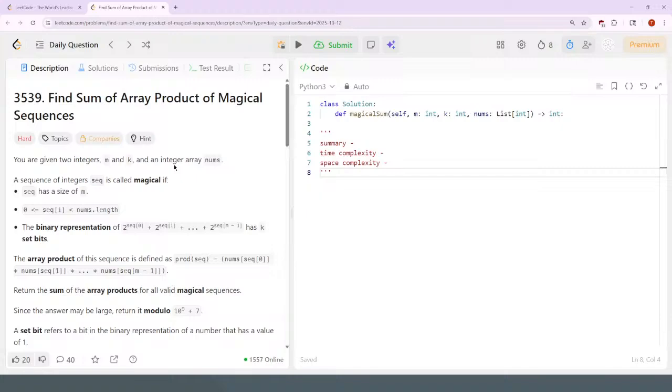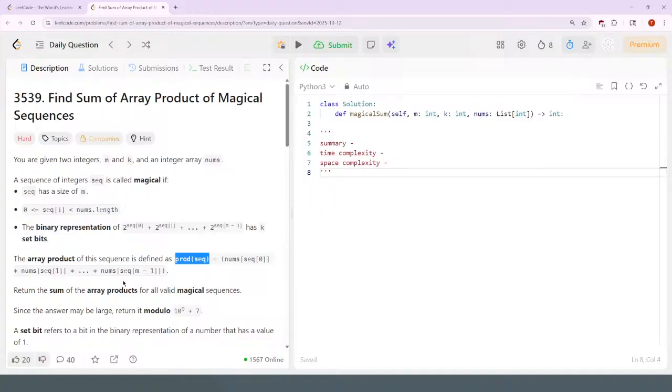So the sequence is indices, where if I do the product of the values at those indices in the array, that equals the product of the sequence, or the defined function product. Return the sum of the array products for all valid magical sequences.